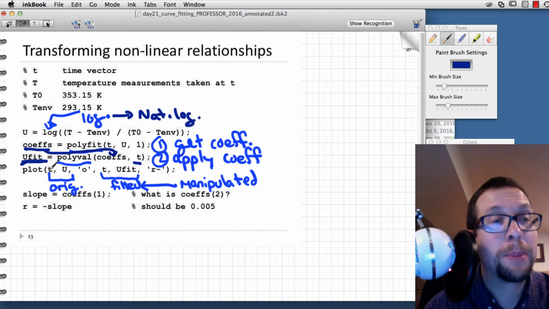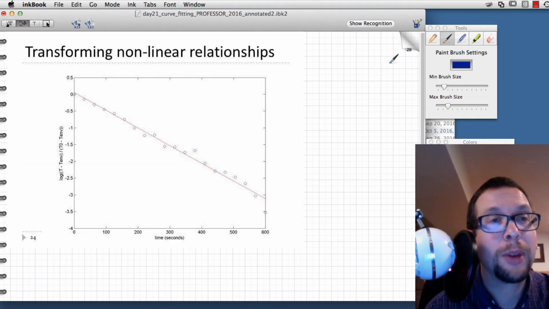So then we're going to do a plot of time versus the original data. That's this right here. And we're going to compare it to the fitted data right there, or filtered or manipulated data. And from there, I'm just going to show you what that ends up looking like. Okay, so what we had was the original data, like this.